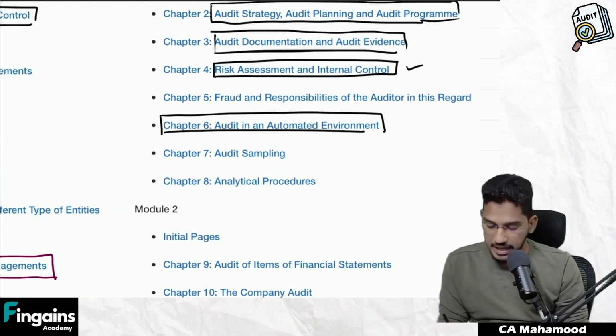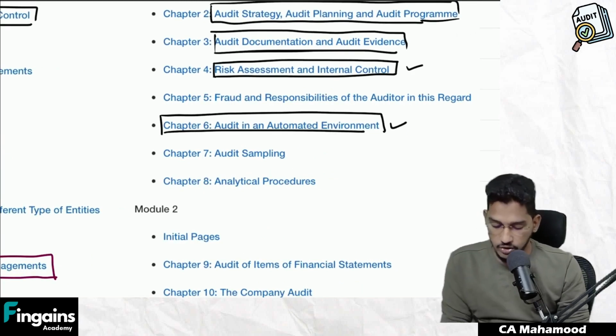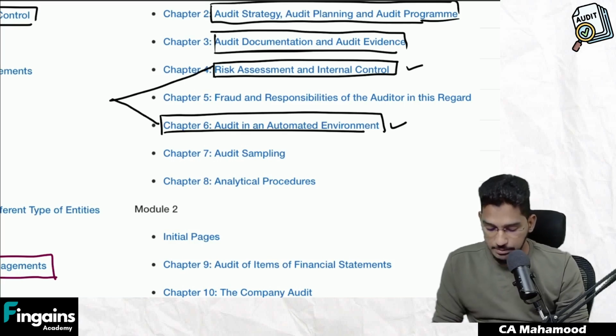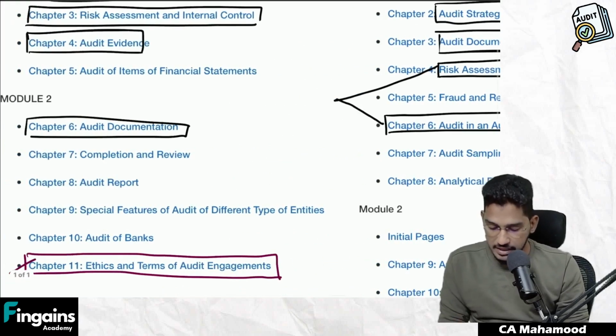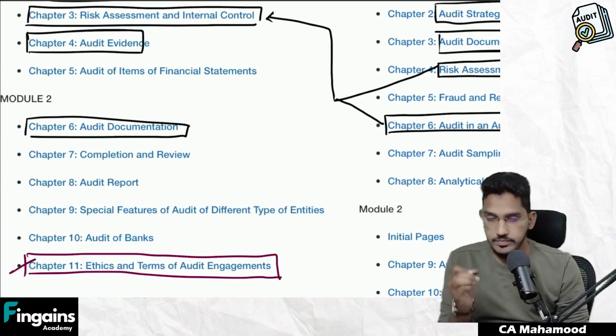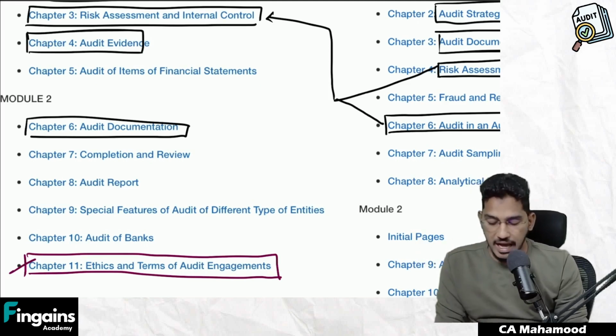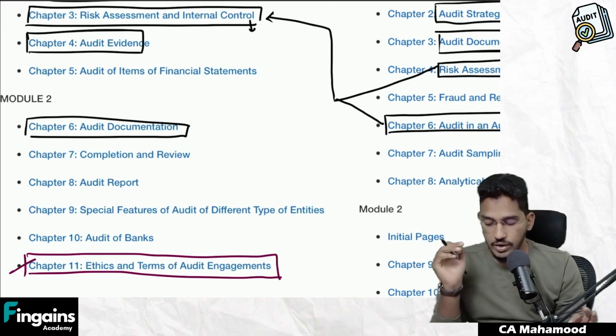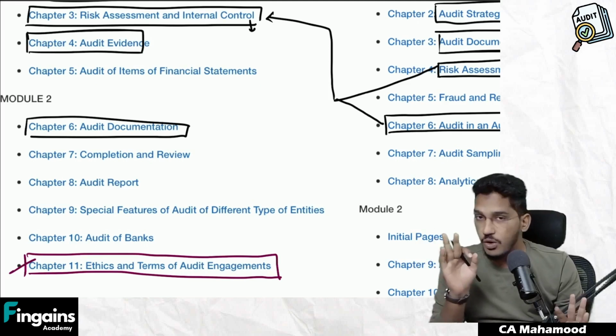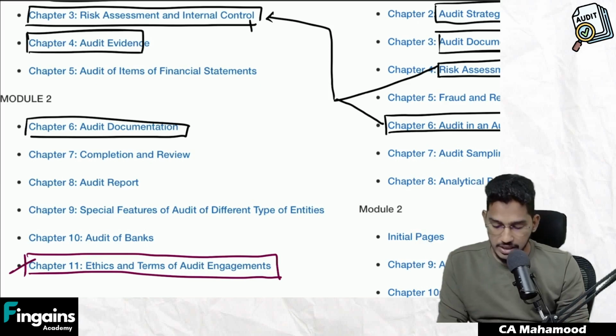Now risk assessment and internal control and audit in automated environment have been clubbed together and given a single name, risk assessment and internal control. So when you open and read the chapter risk assessment and internal control, audit in automated environment is also included as a part of this chapter. So here what has actually happened is clubbing of the 2 chapters.